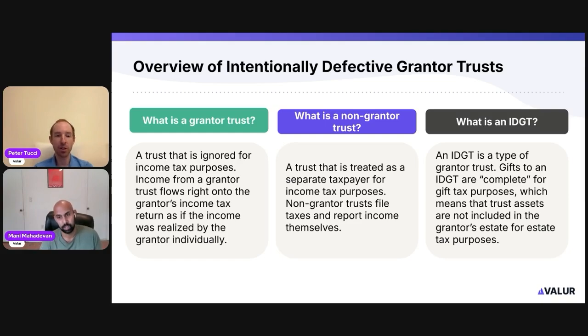And so if a grantor trust has income, it's reporting its income on your return. An example of a grantor trust you probably encounter in your day-to-day: if you have a revocable living trust, it's definitely a grantor trust. So that's an example of a trust that's totally disregarded for income tax purposes.